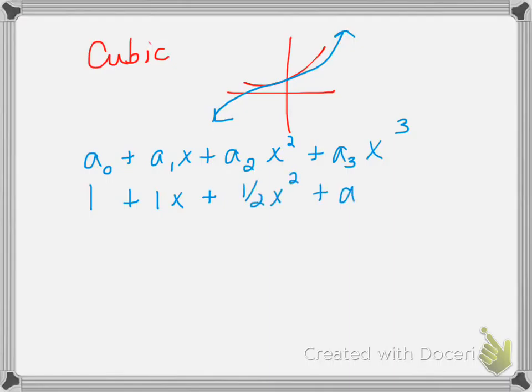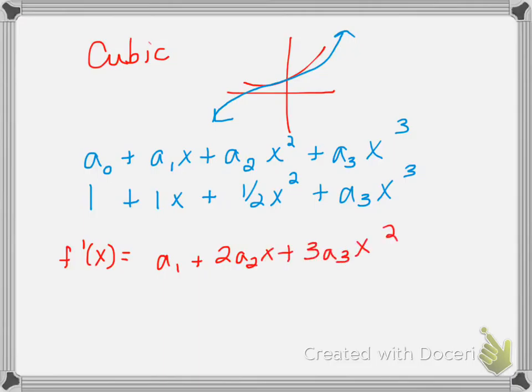And now we want to find a3. So I'm going to have to find all the derivatives again. The first derivative would be a1 plus 2a2x plus 3a3x squared. The second derivative would be 2a2 plus 6a3x.